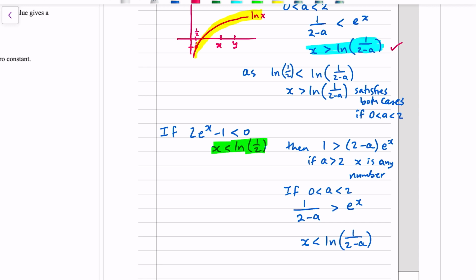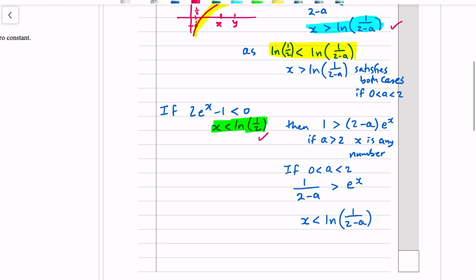Well, again using this logic here, log of 1/2 is less than log of 1/2 minus a. So if our original condition for this case says x is going to be less than log 1/2, it is already less than log of 1/2 minus a. The solution doesn't provide any further restrictions, so our answer in this case is actually the original condition.